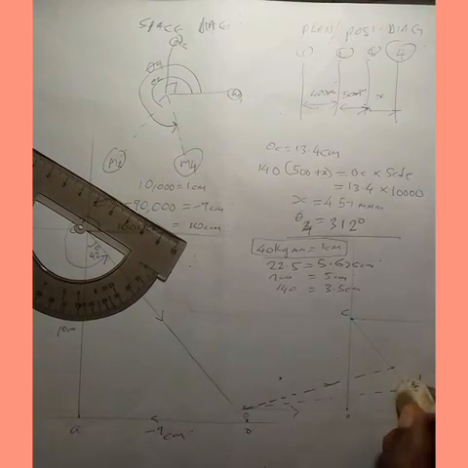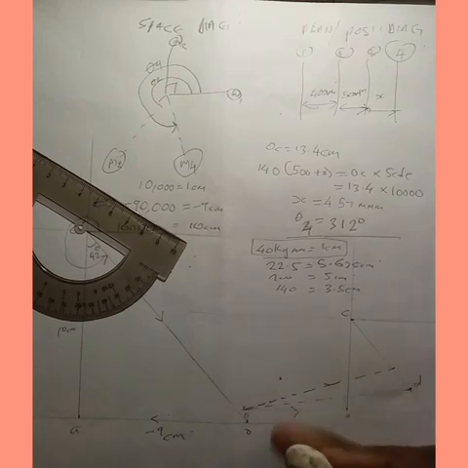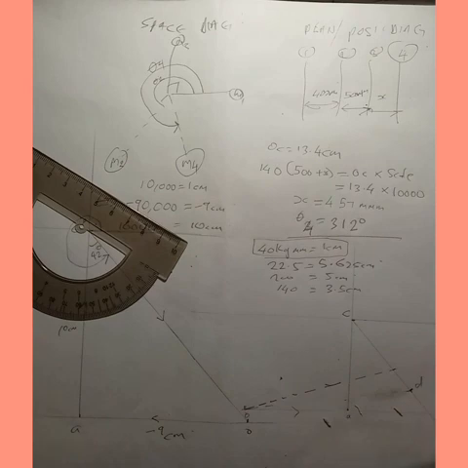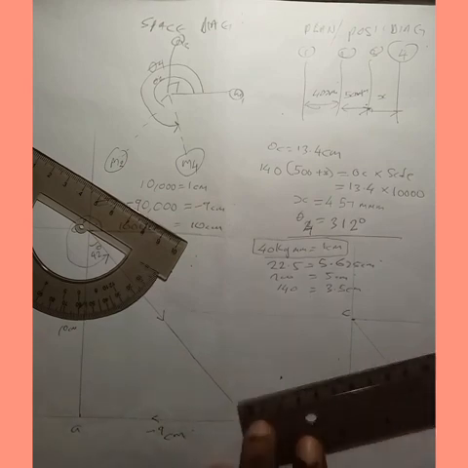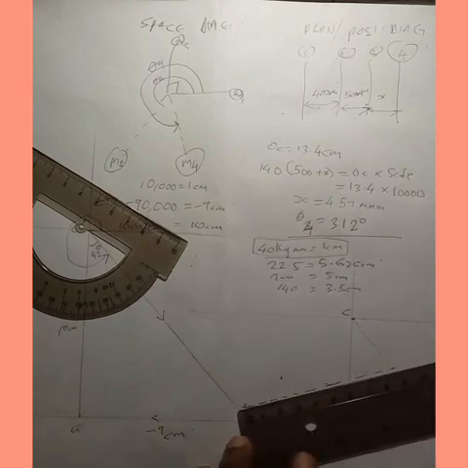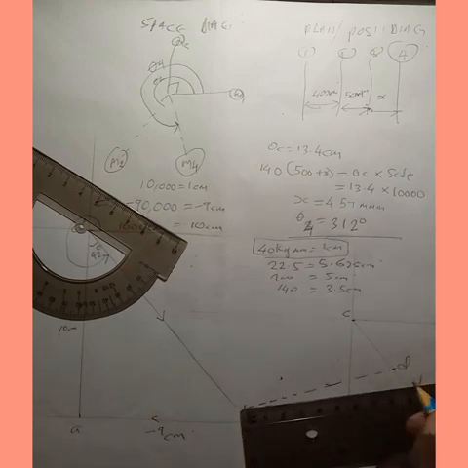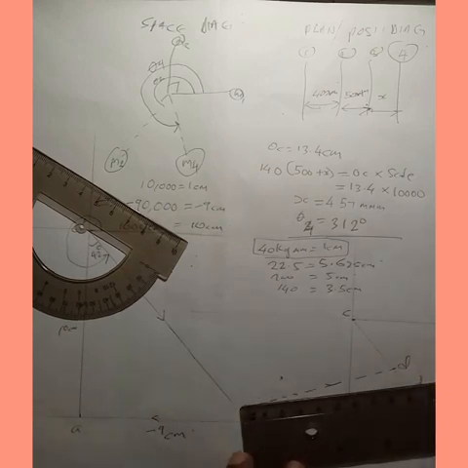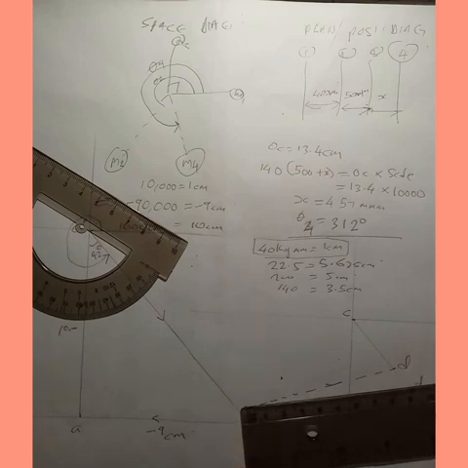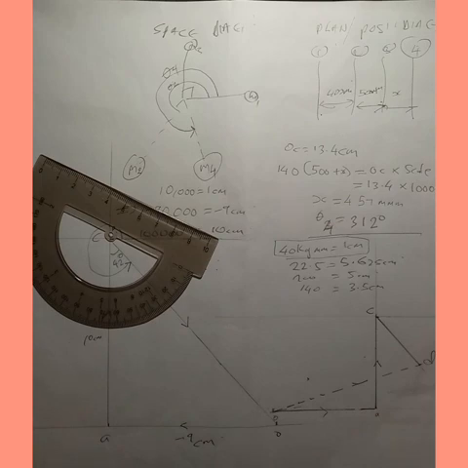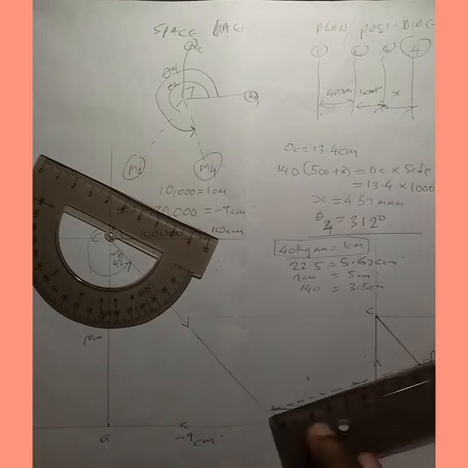So this is wrong, so you erase this one. So you now take this distance, this point D. So the distance OD should be around 8.3.